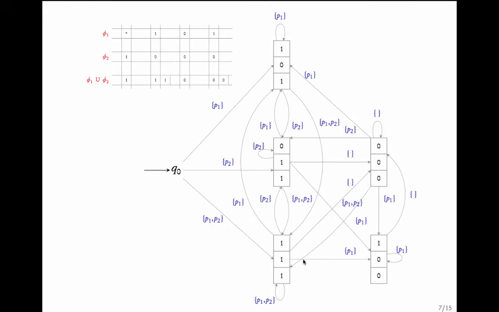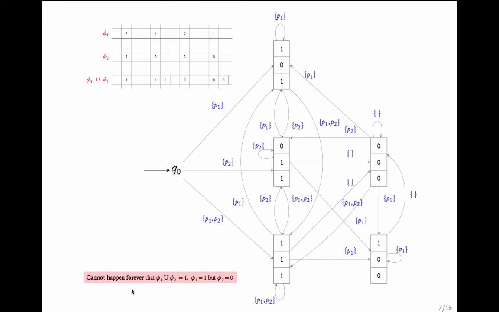From this construction, we need to filter out only those runs which mimic accepting expansions. To do that, recall the eventuality criterion. It says that it cannot happen forever that you see a state where phi1 until phi2 is 1, phi1 is 1 but phi2 is 0.